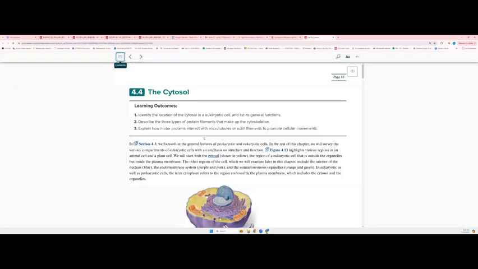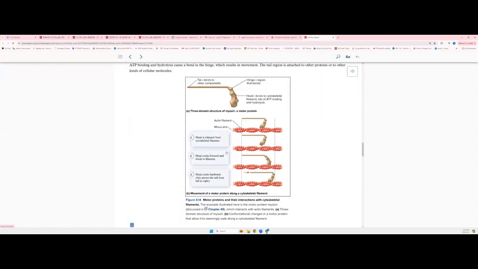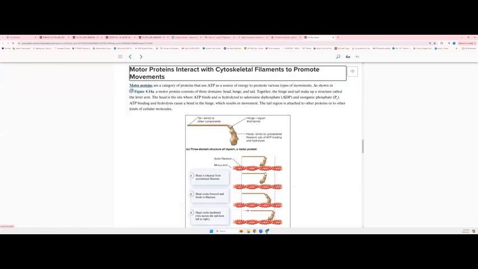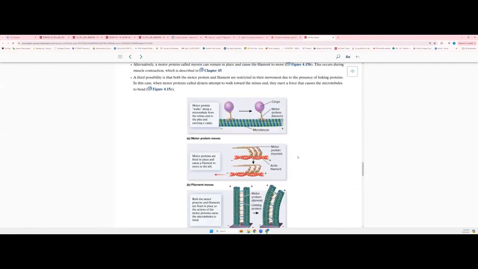Okay, here. Listen. Remember this structure? He's talking about this one. This is a motor protein, right? It's fixed. And then this is called a filament, and it moves.